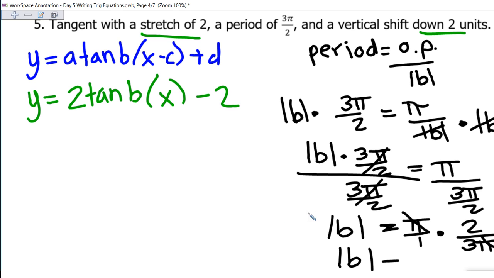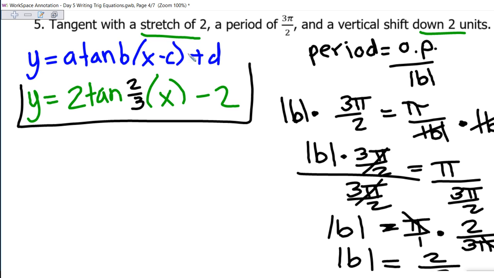So that gives me the absolute value of b is equal to 2/3. So that means my b value is 2/3. So over here in my equation, I'll erase the b, and I replace b with 2/3. So y equals 2 times the tangent of 2/3 x minus 2.